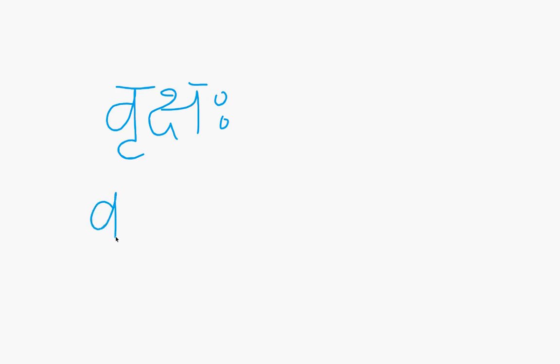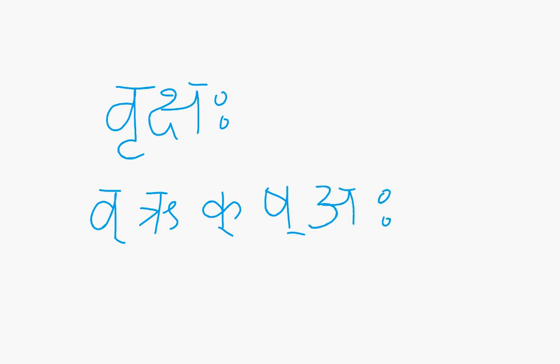Vrukshaha, I'll break this down also, just for clarity. The V and the R, that other R, and then the Ksha part.